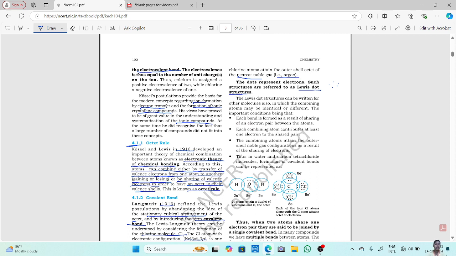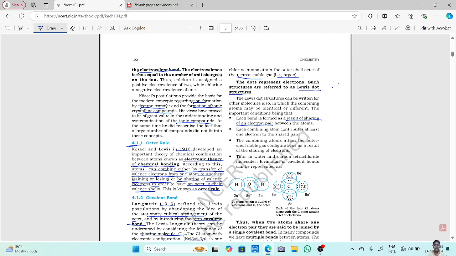Now what are the conditions to be followed for writing them? Each bond is formed as a result of sharing of an electron pair between the atoms. Each combining atom contributes at least one electron to the shared pair.